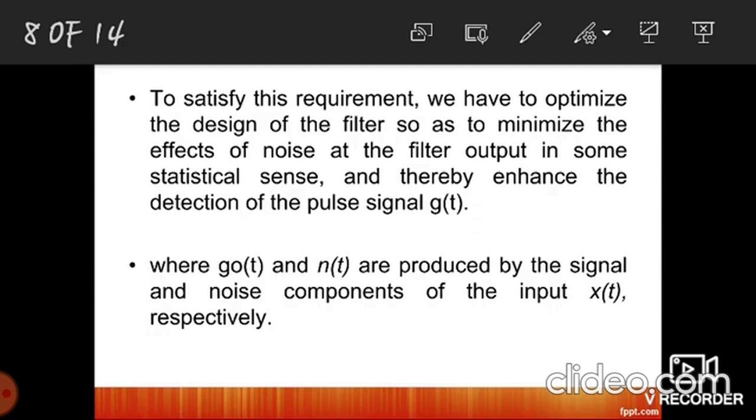When noise is absent, the received signal r of t equals x01 of t when x of t equals x1 of t, and r of t equals x02 of t when x of t equals x2 of t. When noise is present, x1 of t is selected if r of t is closer to x01 of t than x02 of t, and x2 of t is chosen when r of t is closer to x02 of t than x01 of t.